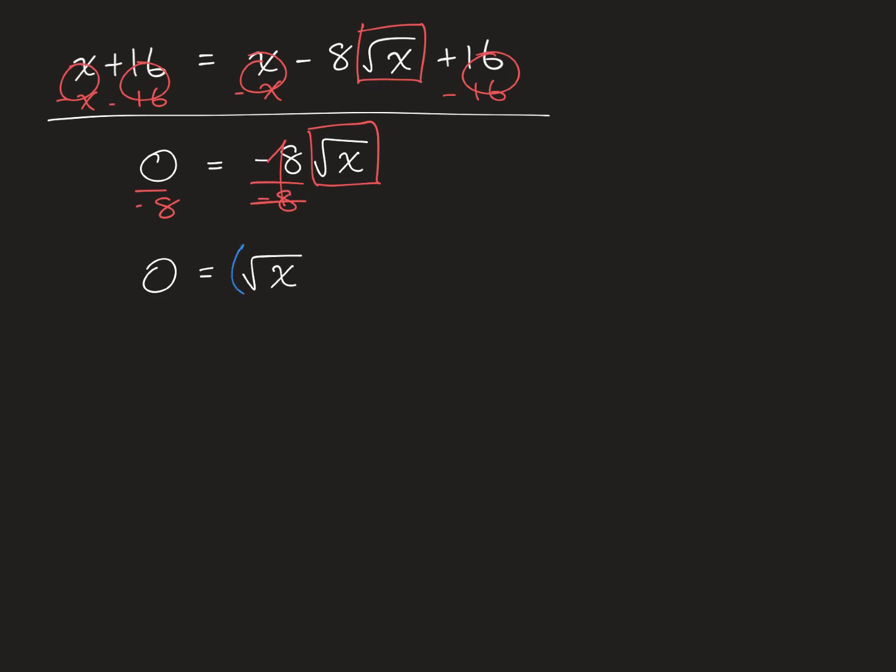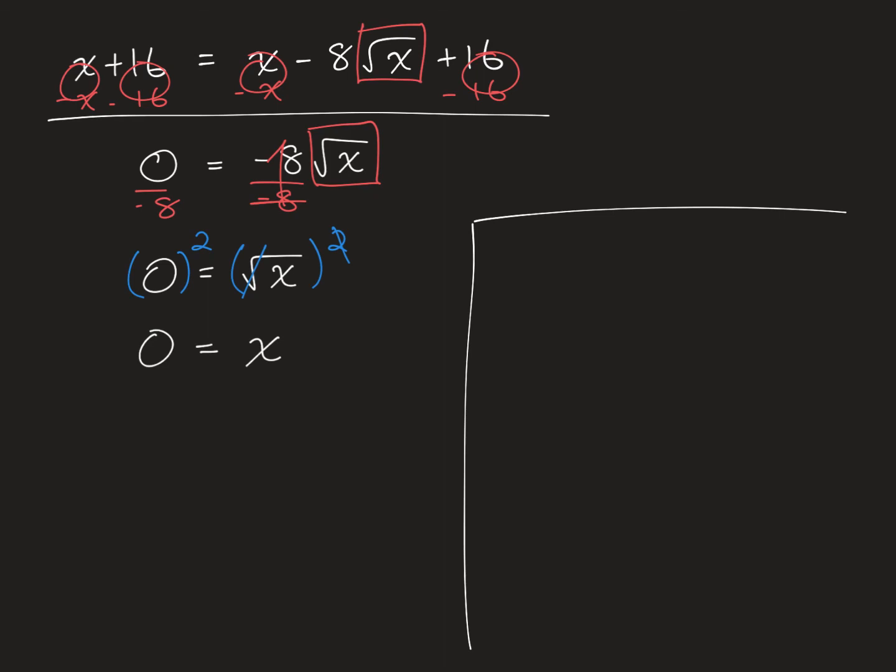We can square both sides, and yes, this squaring was a lot easier because it only had a single term inside of this radical. It might be a little more difficult if you had 2 terms in this radical, but for right now, the square and the square root reduce away, and 0 squared on the left side is 0, so we get x equals 0.